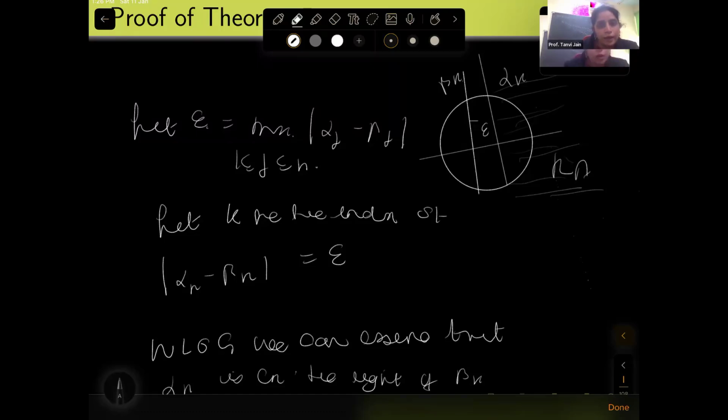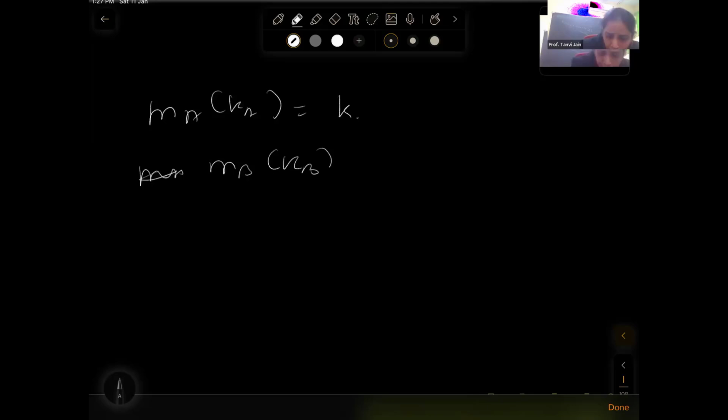So my Ka and Kb become convex sets. And what I know about them is that Ma of Ka is equal to k, and Mb of Kb is equal to n minus k plus 1.